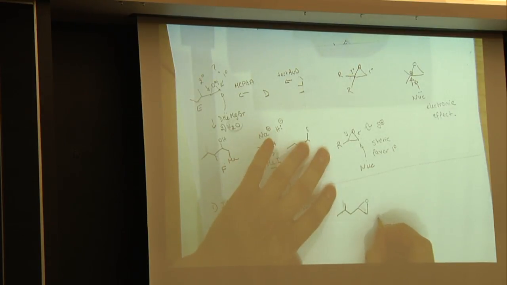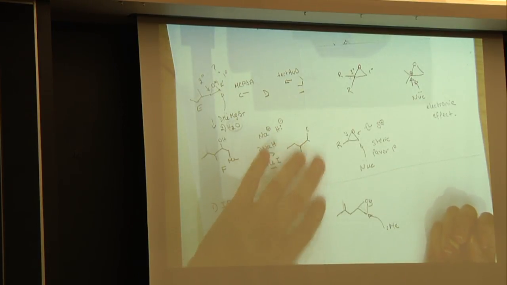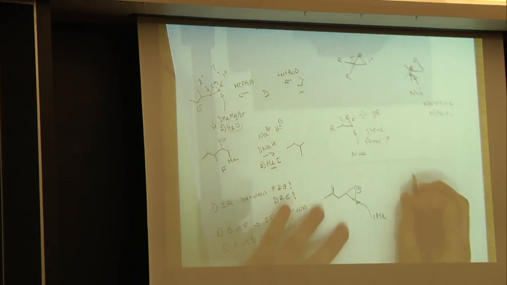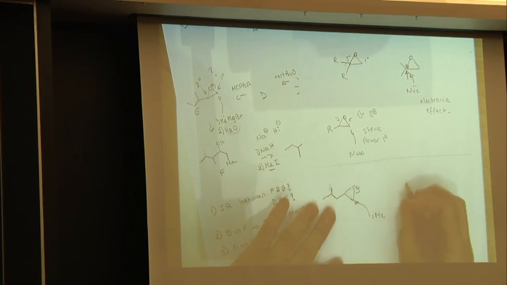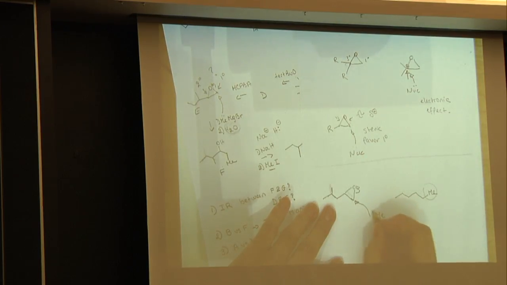So it's going to attack this carbon. Then your ring is going to open, right? Because you're breaking the octet. So I added the methyl here, right?